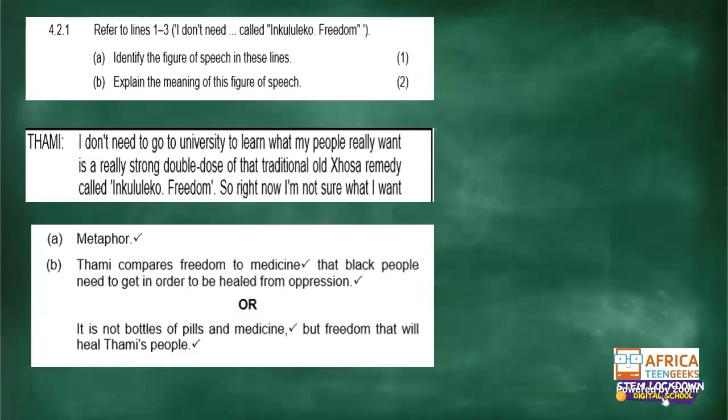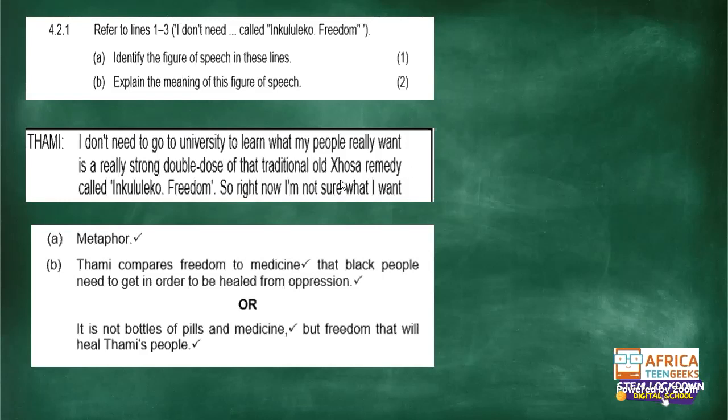But one thing that is clear for sure is that he has just mentioned double dose of that traditional old Xhosa remedy. Okay, so the remedy is Inkululeko, according to him. So that is a metaphor whereby he is comparing freedom with a double dose of a traditional remedy.